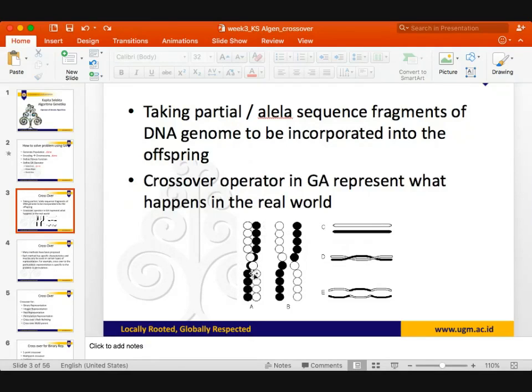This is the DNA genome or the chromosome of A, and then this is B. And then we can combine both components, partial components of both parent chromosomes. Also like this, we can see it is a part of those two chromosomes, also this and this.